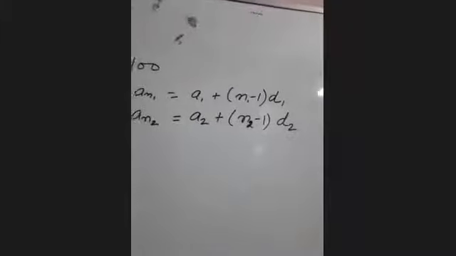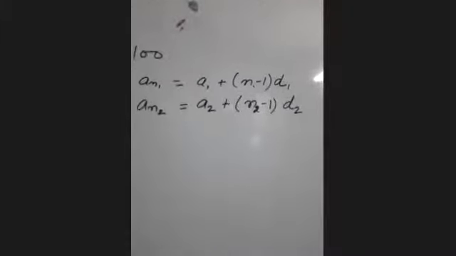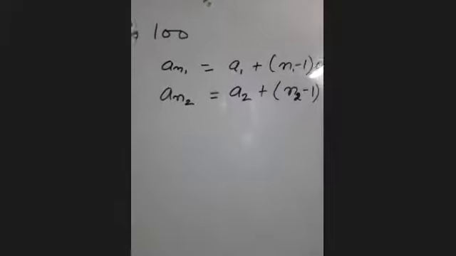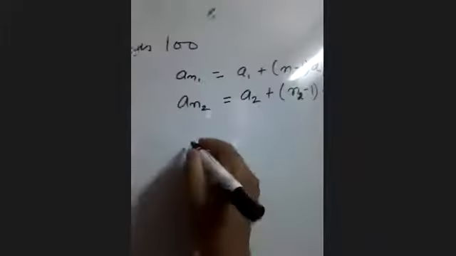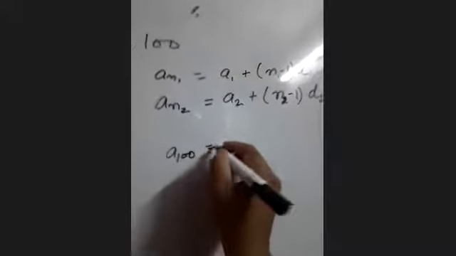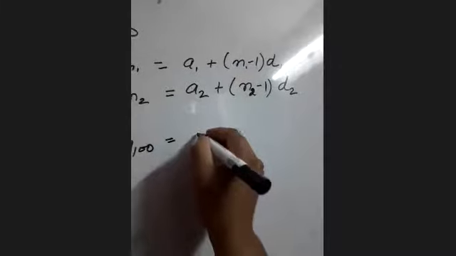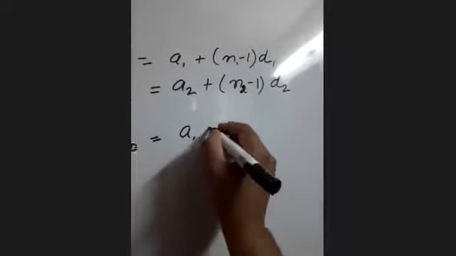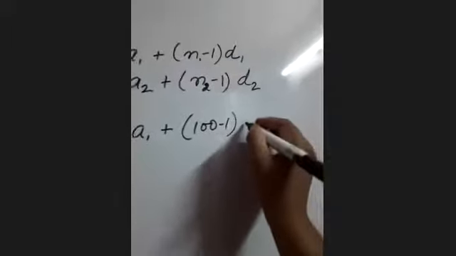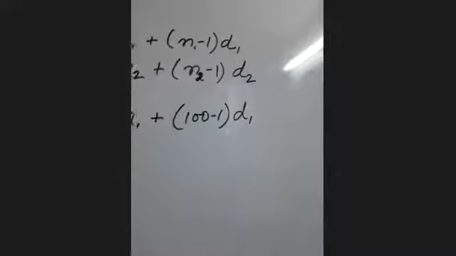Now I am coming back to the question. The question says the difference of the 100th terms of both the APs is 100. So here n will be 100. So a100 equals a1 plus (100 minus 1) multiplied by d1.